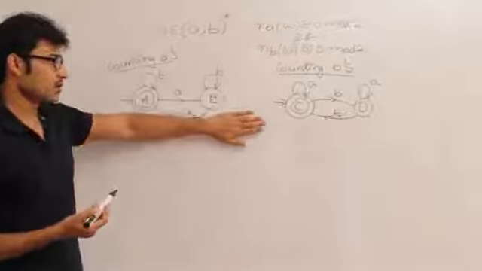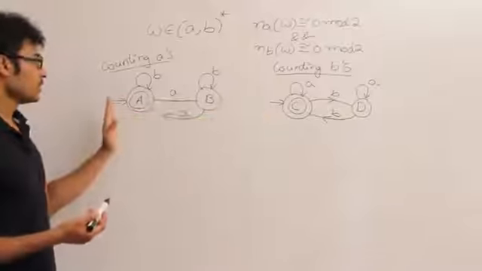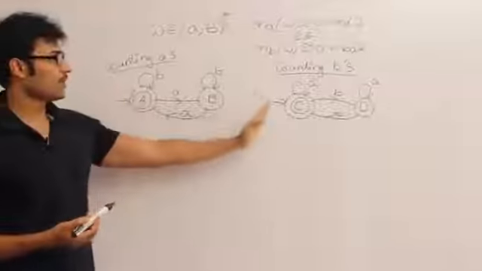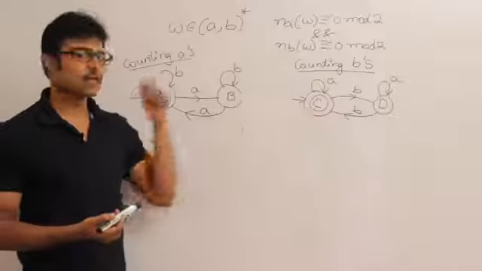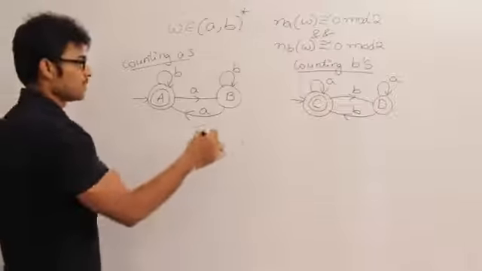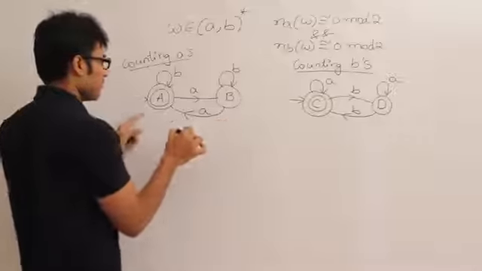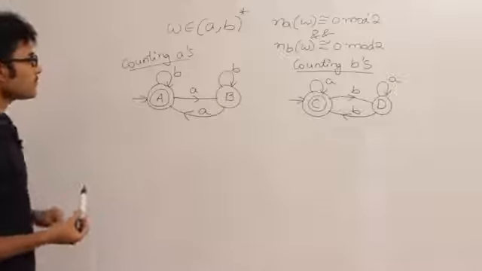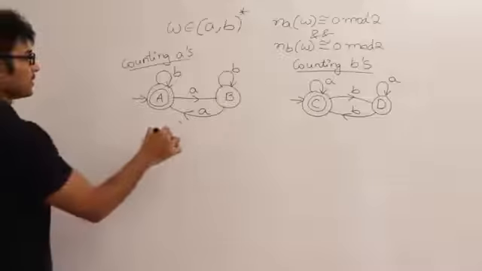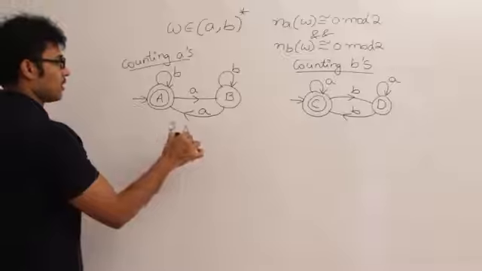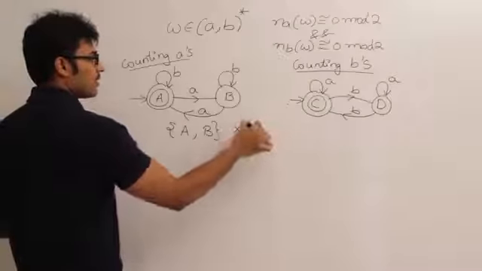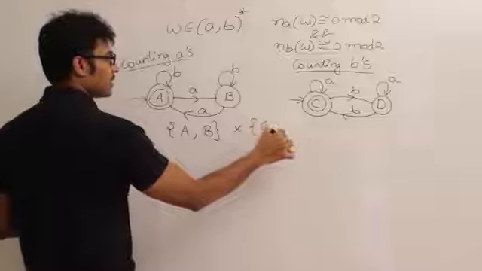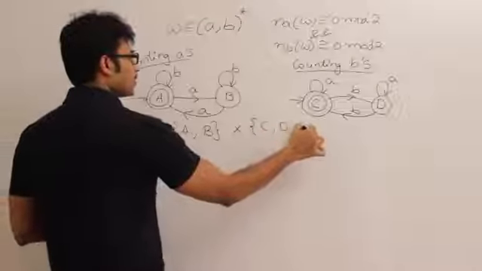So let me discuss the cross product method now. In the problem there are two independent DFAs, with final state A and final state C. The cross product method goes like this. First write the states of this one, A comma B, cross, and now write the states of the other, C comma D. This is going to give a cross product.